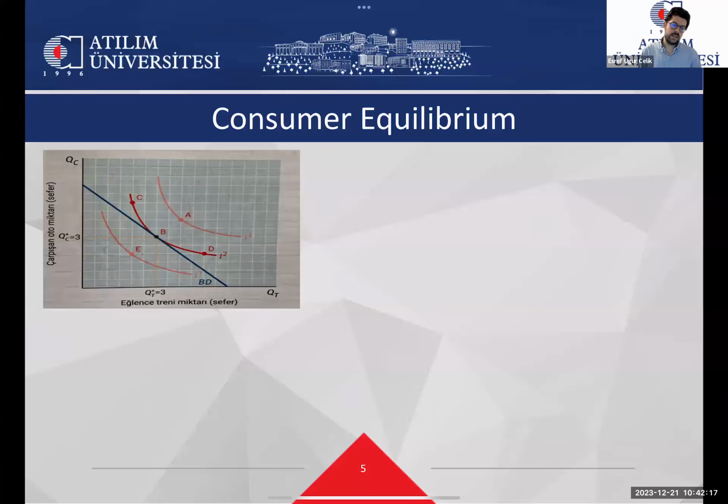In previous slides, I said normally we try to reach point A to get the highest utility, but in real life, we have to look at our budget. By looking at our budget, we look at the budget line. This blue line is the budget line.